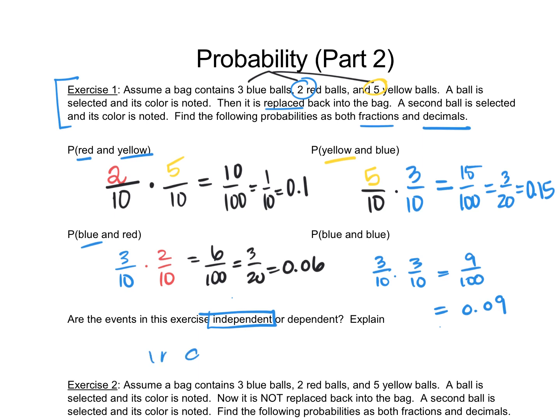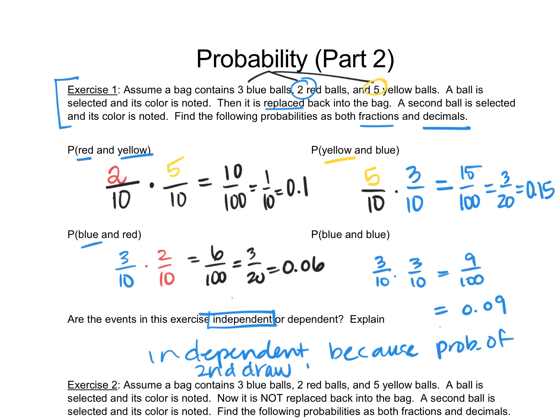So we are going to say independent. Because it's the same, the probability of the second draw is the same whether the first event happened or not. That's why we say it's independent.